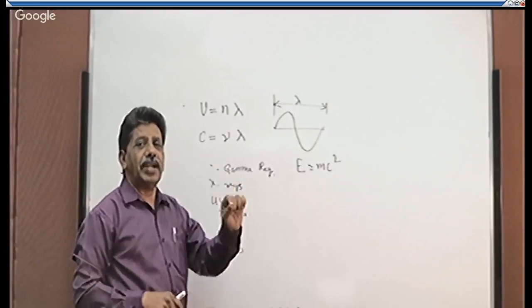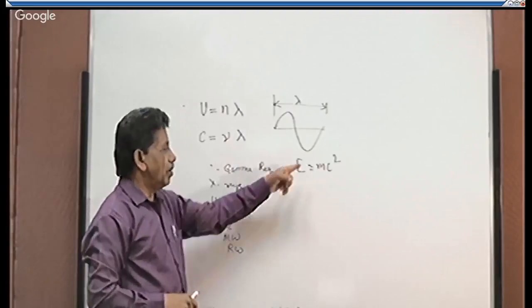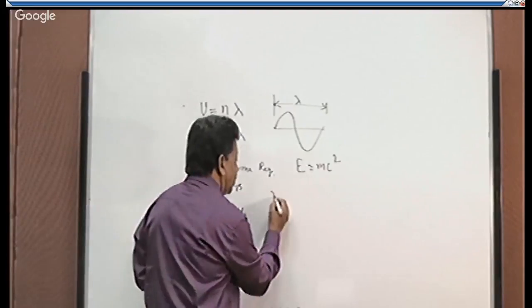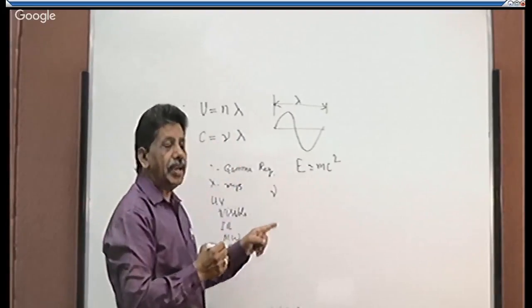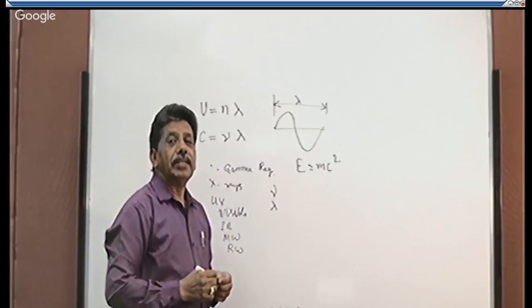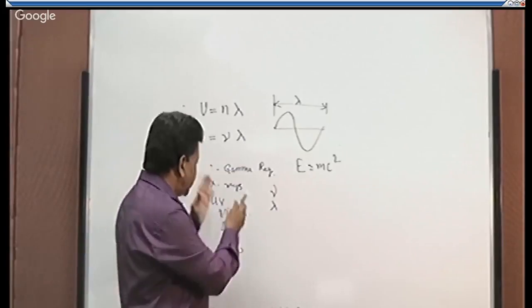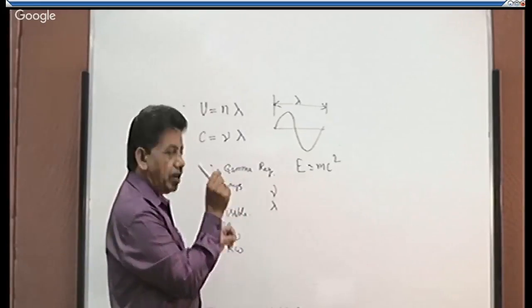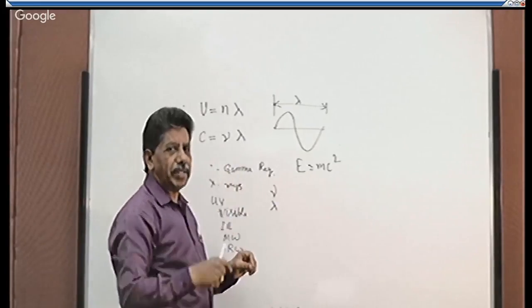It is only a difference in what is known as the frequency of the wave. When I say the frequency, not only the frequency, there is a change in the wavelength also. Out of this, let me give you one important point, thereby you can remember the other one.